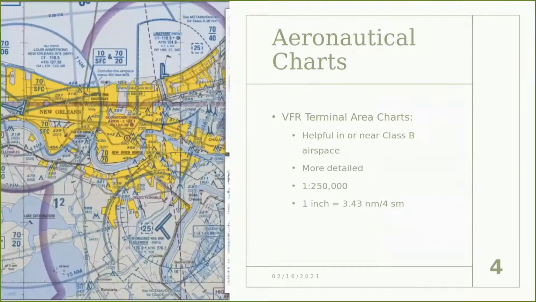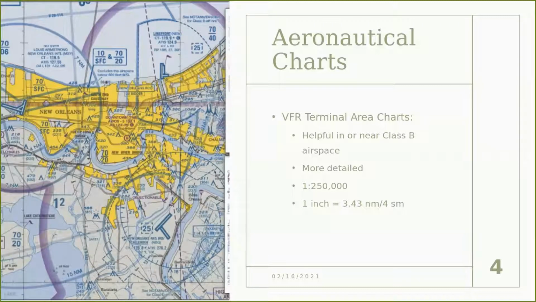VFR terminal area charts are going to get more specific. They're a little larger in size if you open the paper up, and that's because they provide a lot more detail for generally Class Bravo airspace, where it's very busy, often around highly congested population. Example, Denver, DFW, LAX.